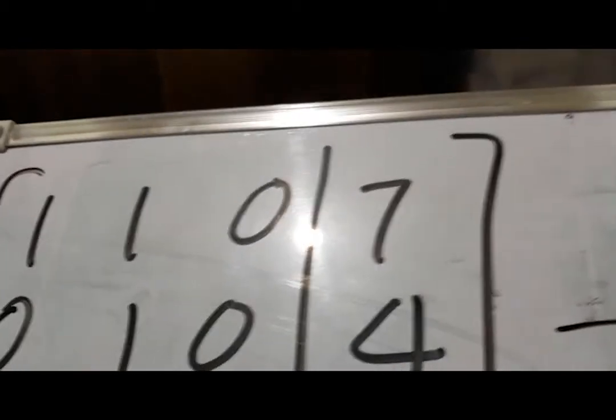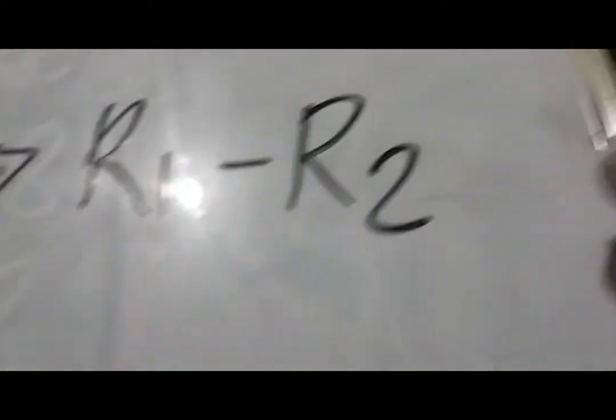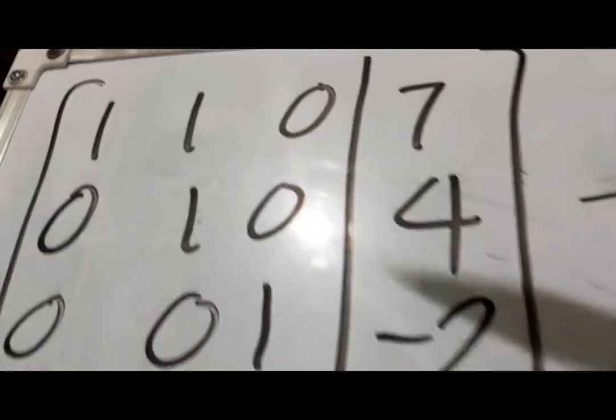So for this one, we use this row operation R1 minus R2. So 1 minus 0 is 1. 1 minus 1 is 0. And 0 minus 0 is 0. And 7 minus 4 is 3.